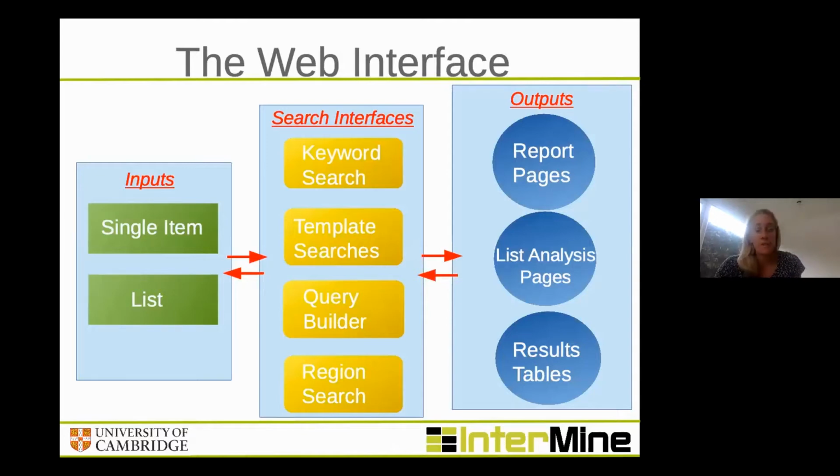These range from the simplest level, the keyword search, through to some predefined template searches, a more advanced query builder, and something called the region search. And then the data from these searches is presented to users either as report pages, list analysis pages, or results tables. And we're going to take a look at each of these in turn.